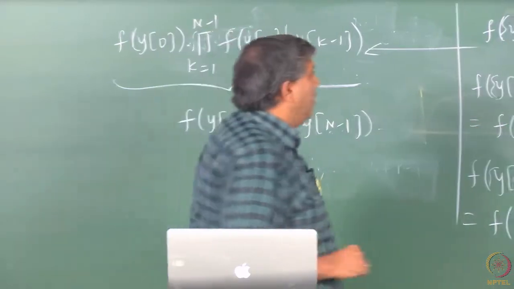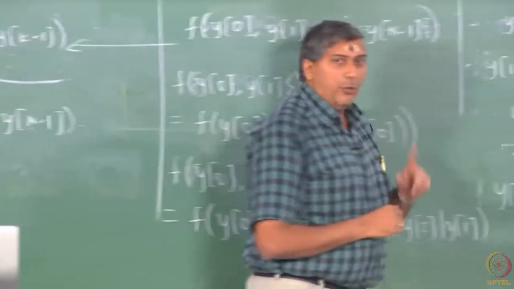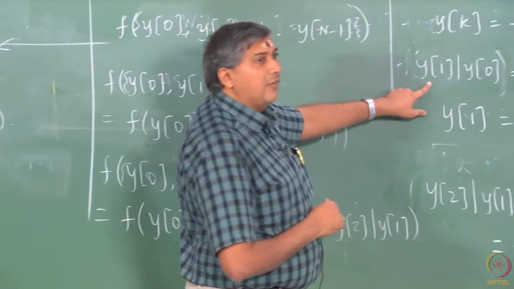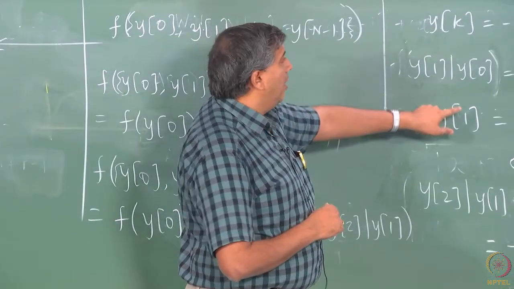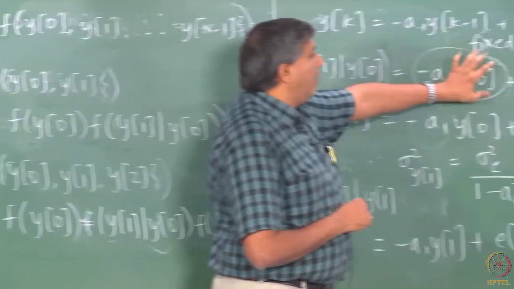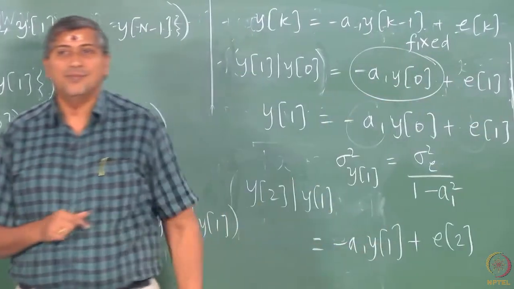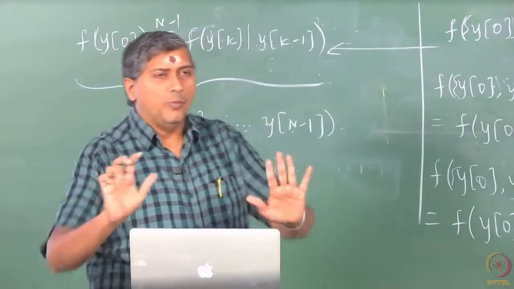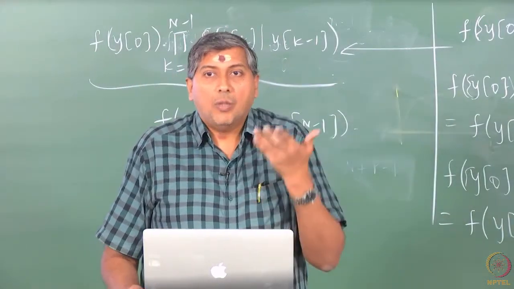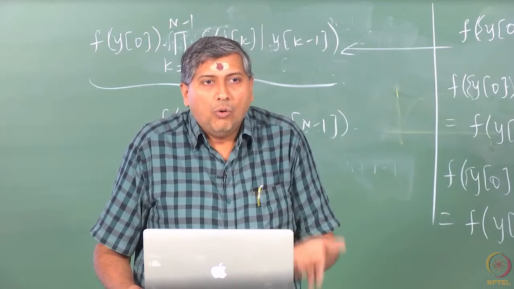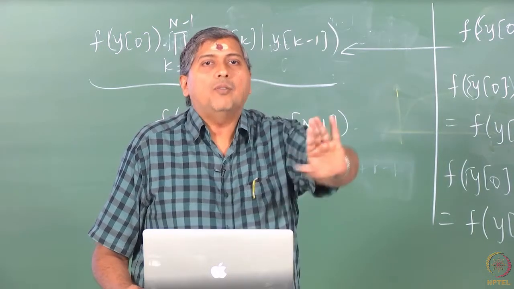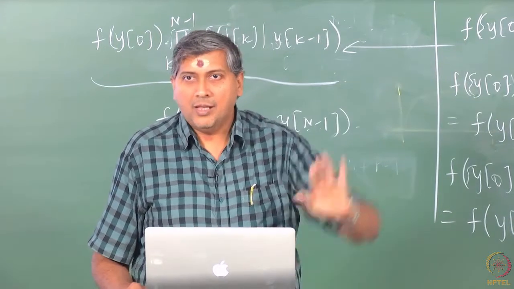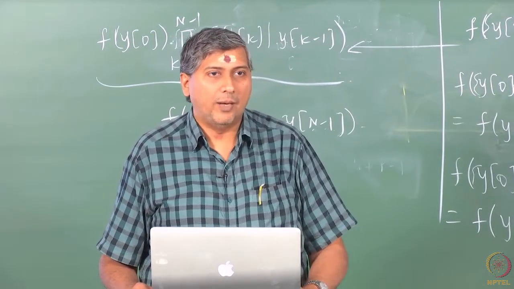What you should observe is that when you condition y1 on y0, what remains is only the errors, if your model is correct. Assume right now that the model is correct. The moment I condition, the only thing remaining is the error, but with a mean shift. That is okay, that mean shift we can estimate.